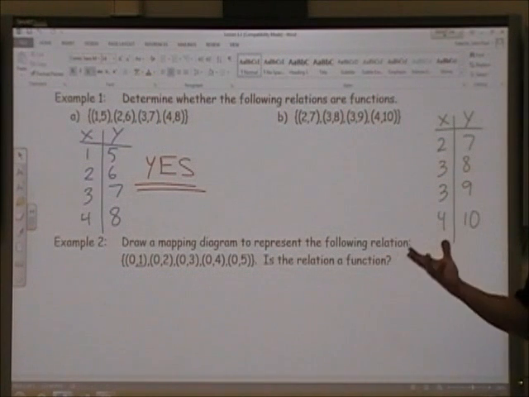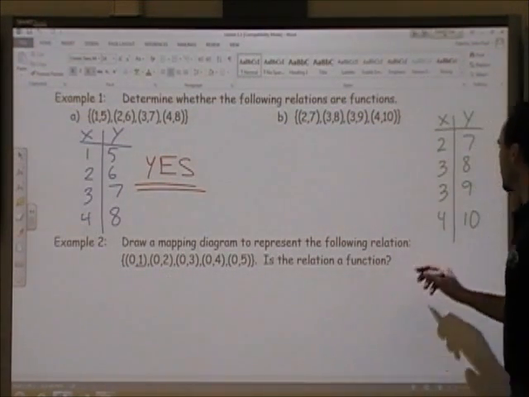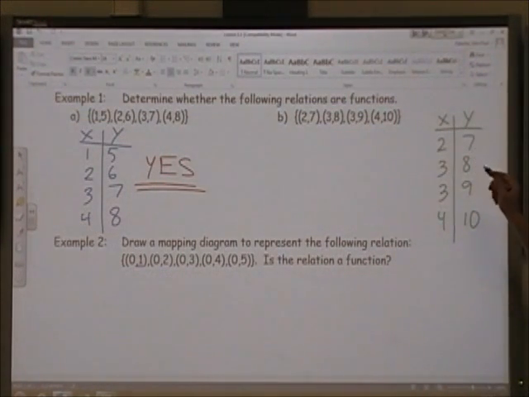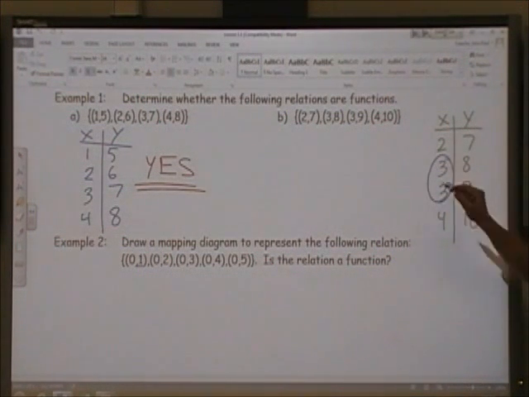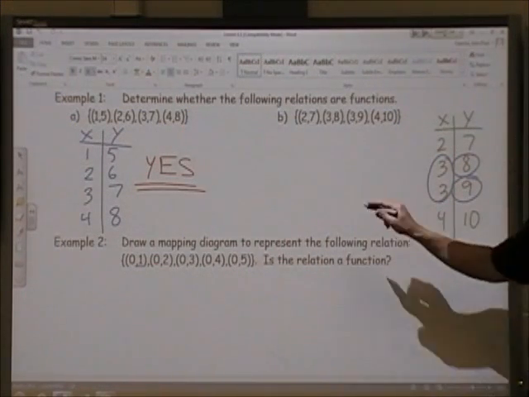Again, in order to be a function, for every x value, you could only have one y value. When x is 2, you only have one answer, and the answer is 7. However, when x is 3, I do not just have one answer. When x is 3, I have an answer of 8 and an answer of 9 for y. And this means that this is not a function.